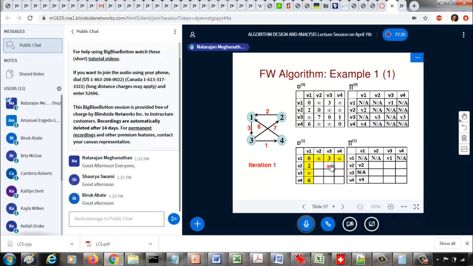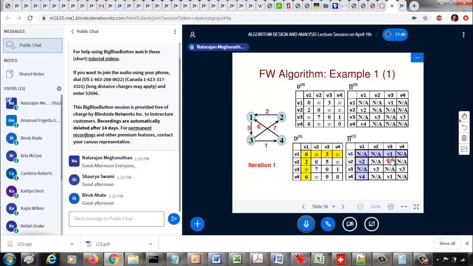Since we changed the entry, the predecessor has to come from the highlighted row for V1, with the corresponding column V3, because we are looking at V2 to V3. From V1 to V3, the predecessor is V1, so write V1 as the predecessor here.